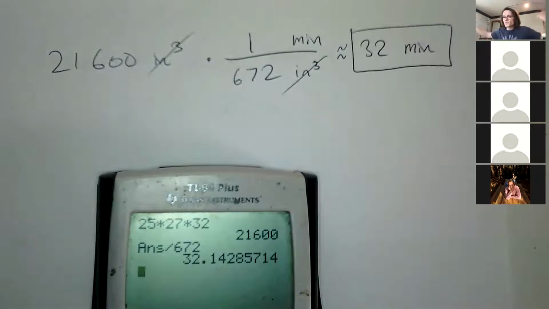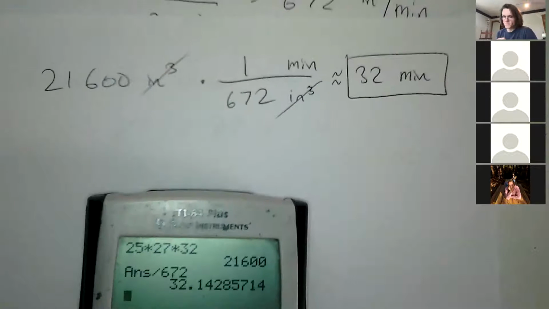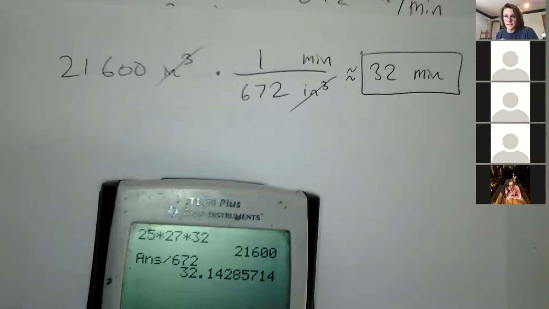But if you have this huge tank that's 25 inches by 27 by 32, so it's a yard deep, 2 feet tall and 2 feet wide, it will take much longer, because the first tank, mind you, is a fraction of that size. This one's 20 times as big. So yeah, it takes a lot longer.